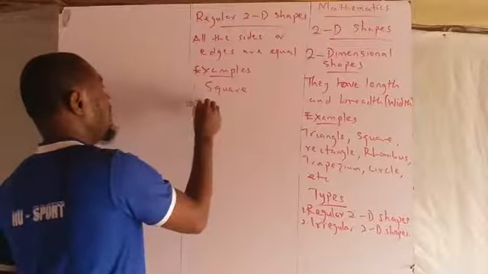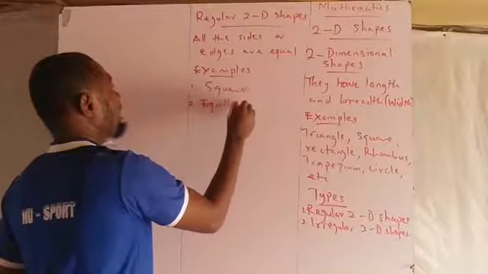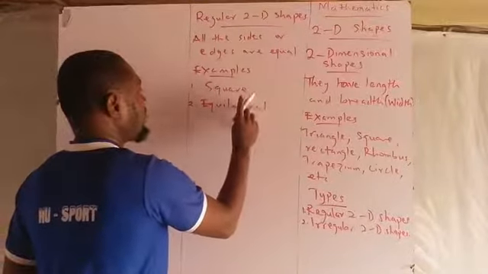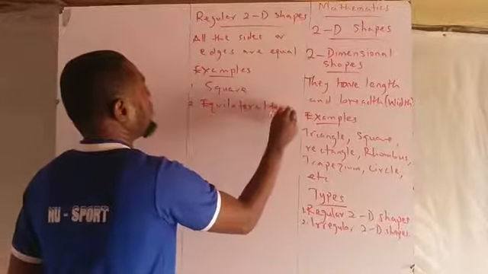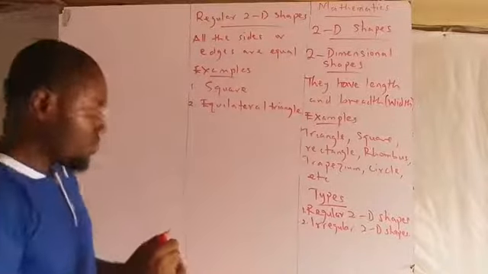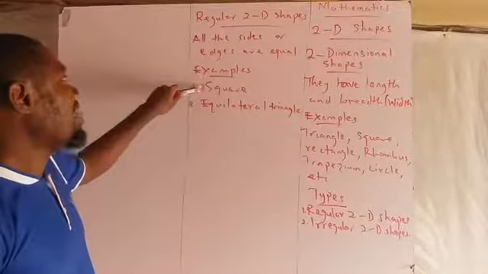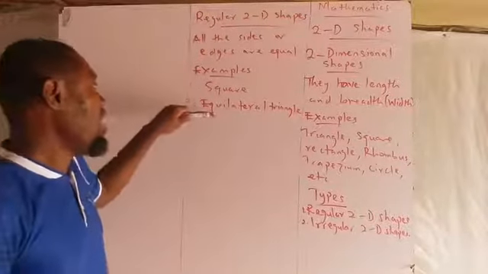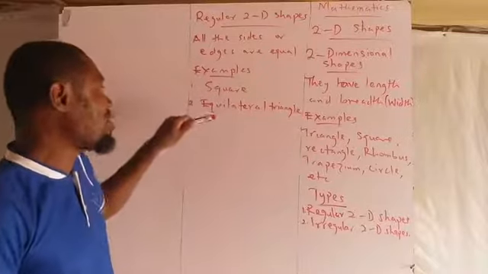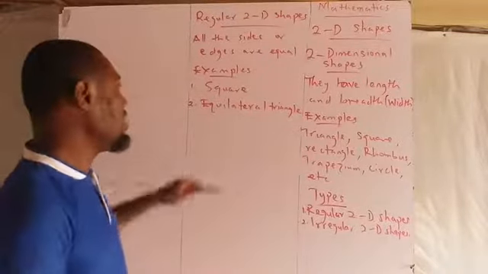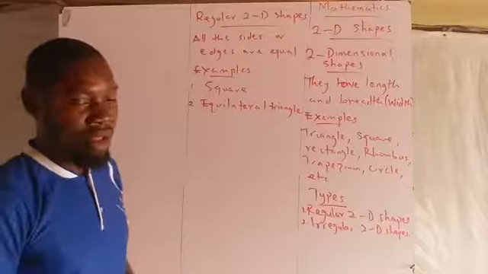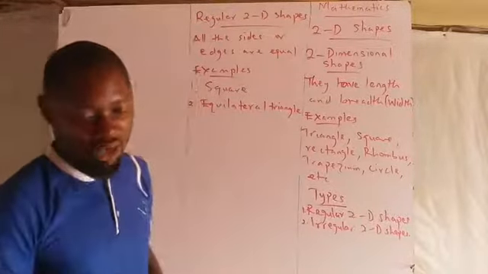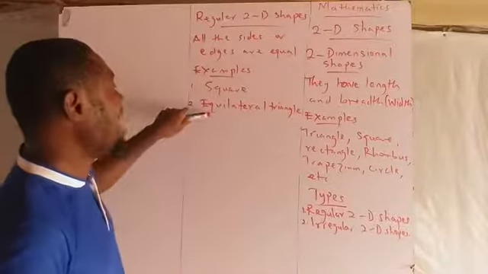Two, we have equilateral triangle, a triangle that has all the sides equal. A triangle that has all the sides equal is called equilateral. Note that.